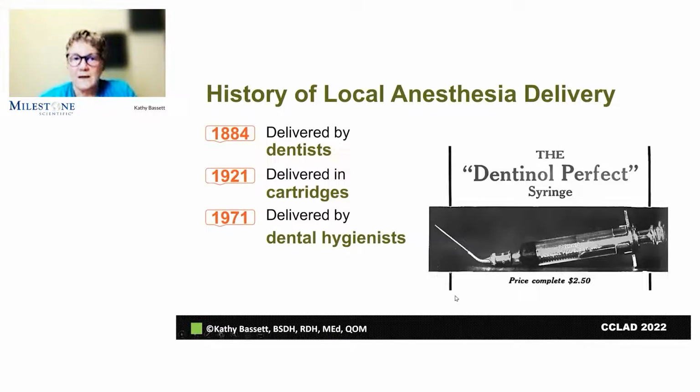In 1971, here in Washington State, local anesthesia delivery by hygienists was brought into our Practice Act and started to be taught in the hygiene programs around the country. If we go back to circa the 1940s, here's what some of those early syringes looked like. It's not that much different than a lot of the syringes we pull out of our drawers today.